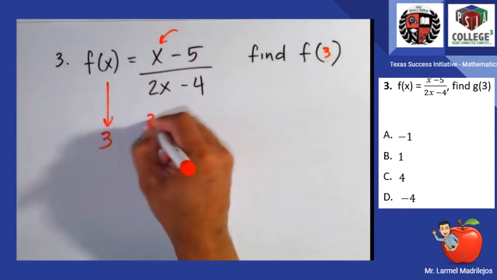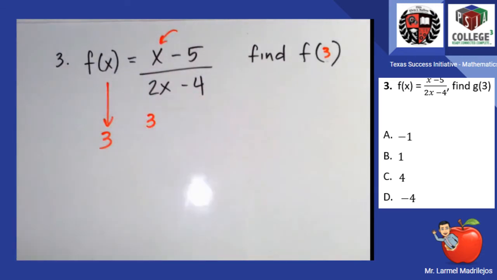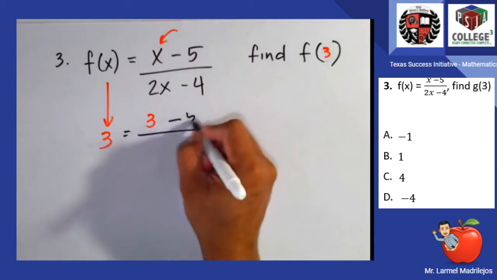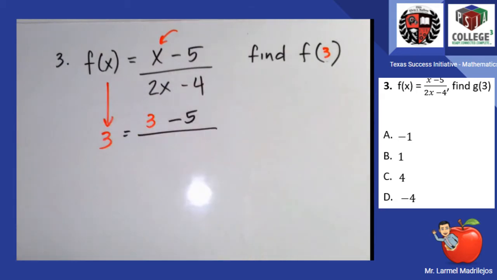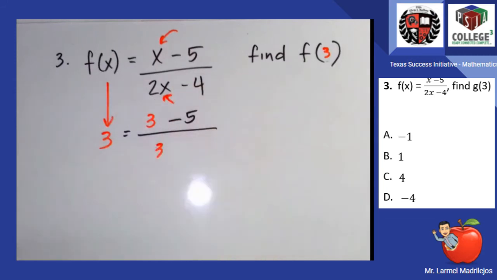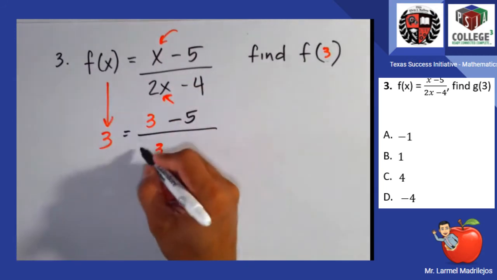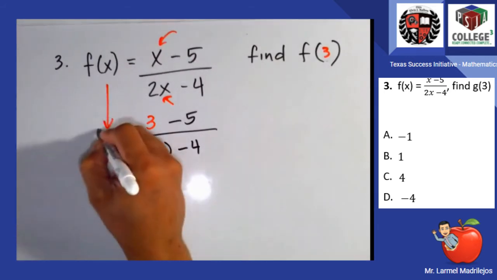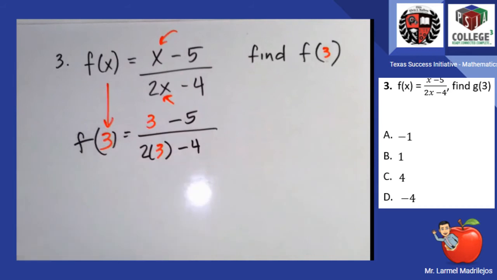Change this to 3. Minus 5. And change this 2 to 3. Okay. This is f of 3 is equals to 3 minus 5 all over 2 times 3 minus 4.